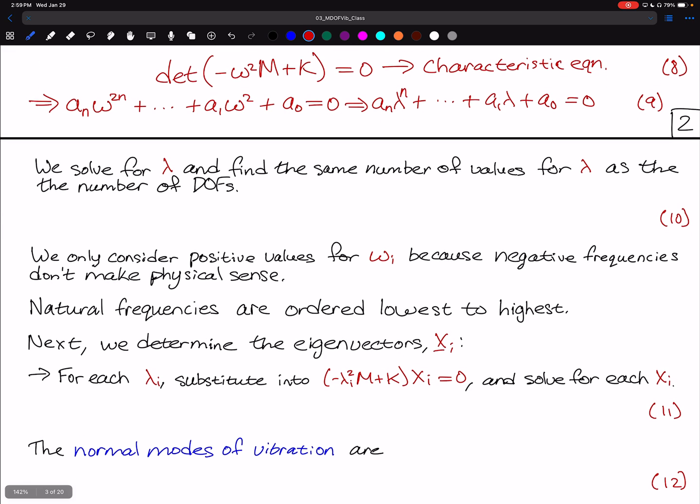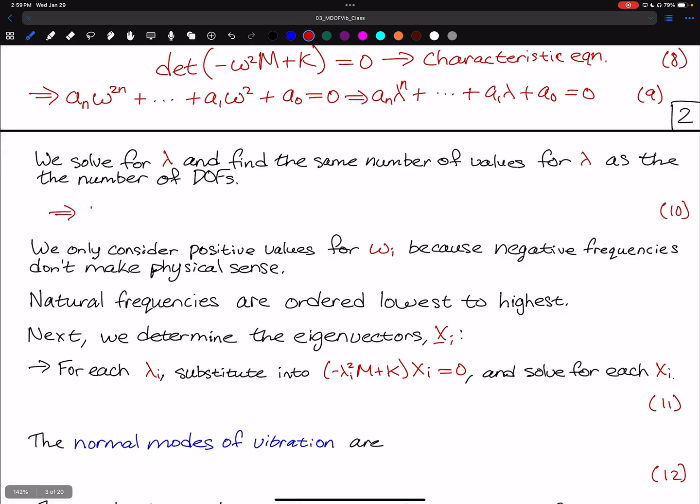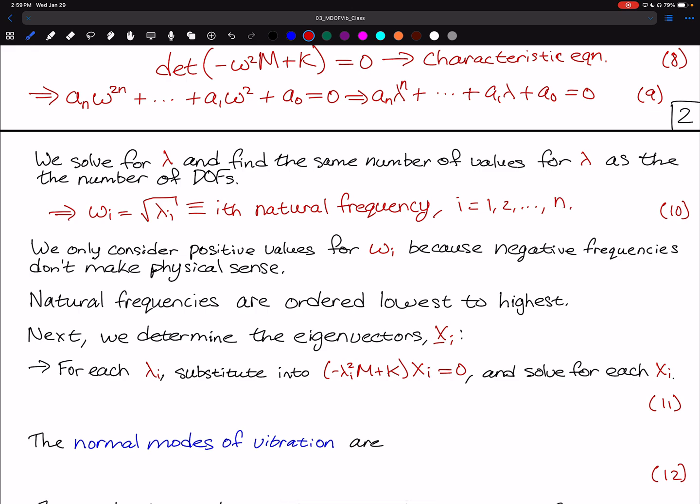And by doing so, we will get that the ith natural frequency is equal to the square root of lambda_i, for i equal to 1, 2, up to n. And we only consider positive values of this square root because it doesn't make physical sense to have a negative frequency. I mean, mathematically it exists, but physically that doesn't make any sense.